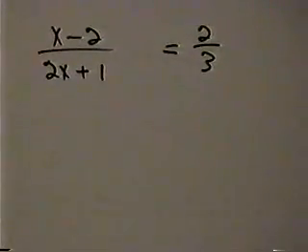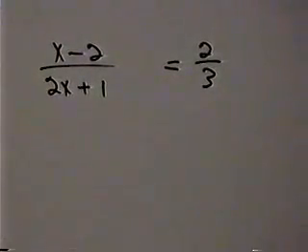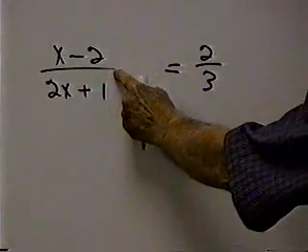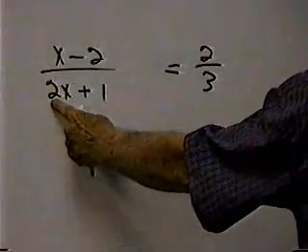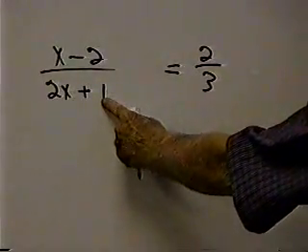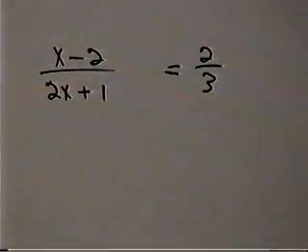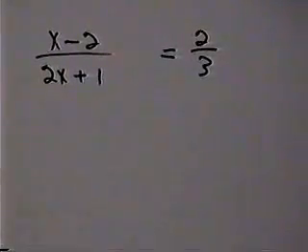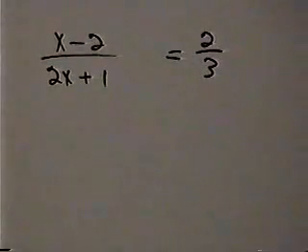If a number, so that's going to be x, minus 2, is divided by the sum of twice the number and 1, the result, that's the equal sign, 2/3. Okay, again, I would advise you to write it.